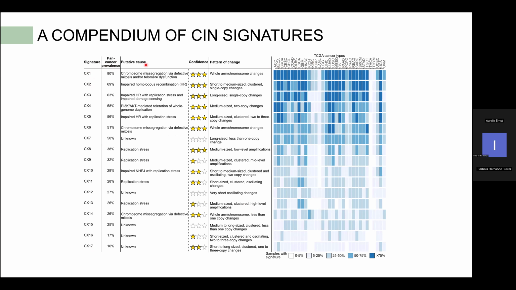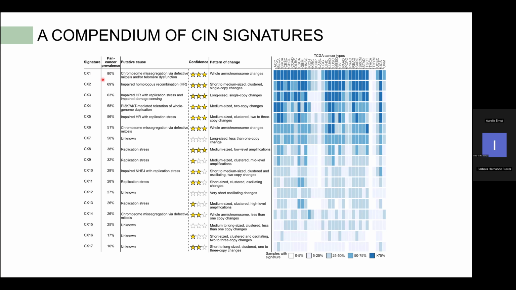Then what we did was to link these signatures to a putative cause. And what we created was a confidence rate to rate what is the level of orthogonal data that is supporting this link between the putative cause and the signature that we extracted.